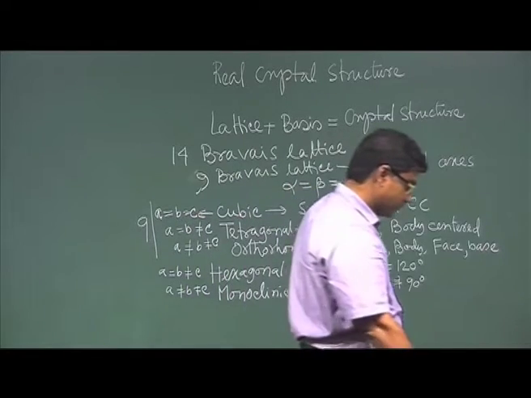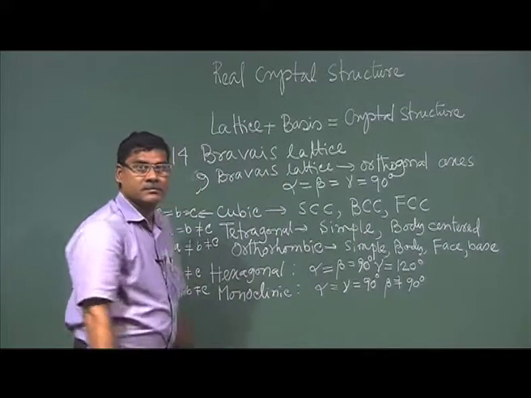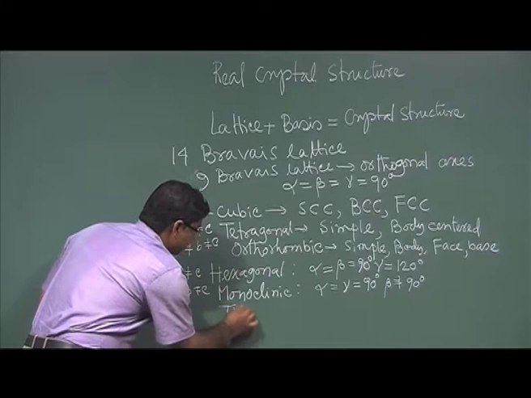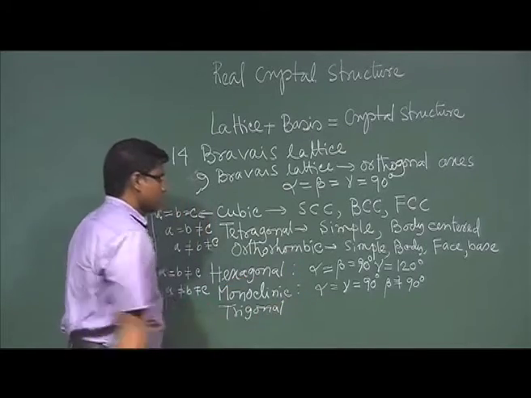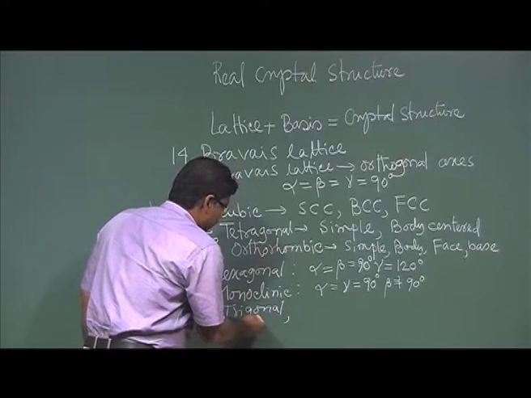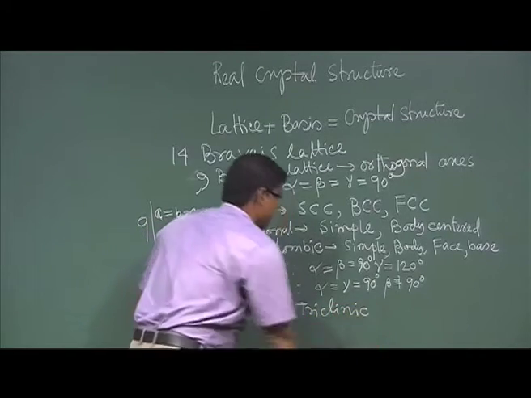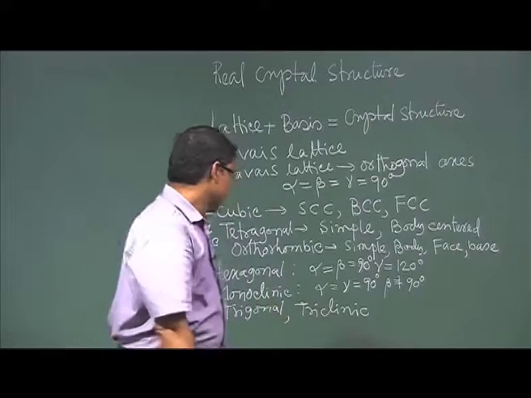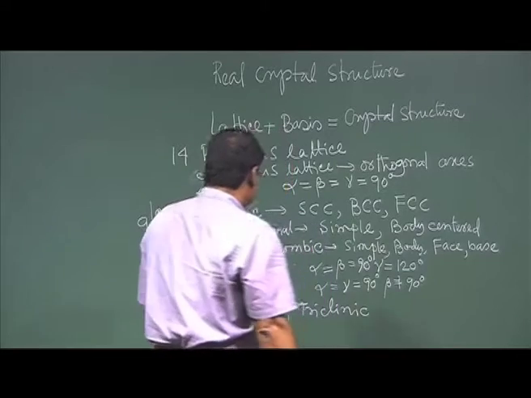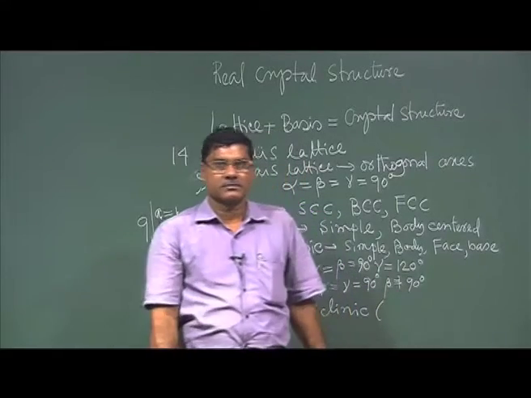Then we have two more, trigonal and triclinic, right. In both cases, all angles are different from 90 degree.